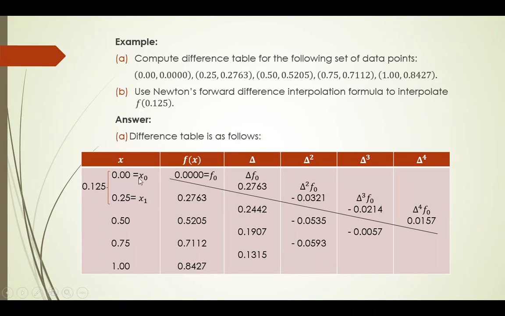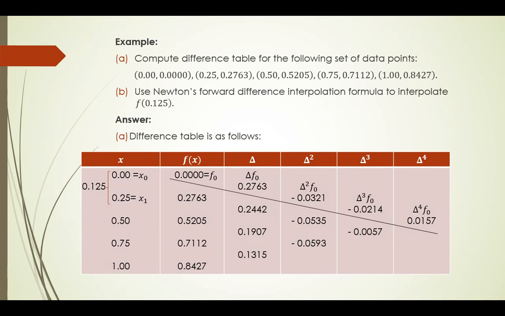So if this is x naught, then in front of this, this value of f is f naught, and this value is f1, this is f2, this is f3, this is f4. So if this is f naught, then the second value is delta f naught. This value is delta square f naught. This is delta cube f naught. This is delta 4 f naught.